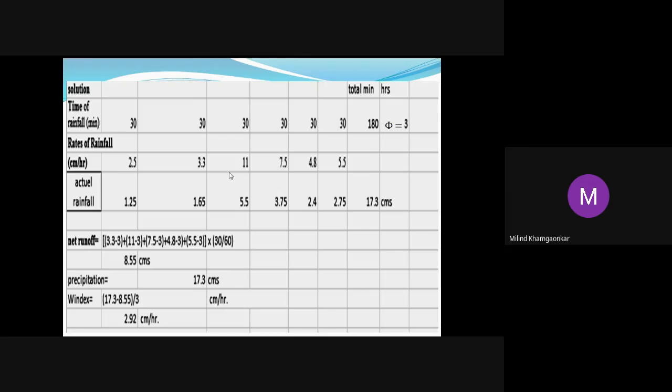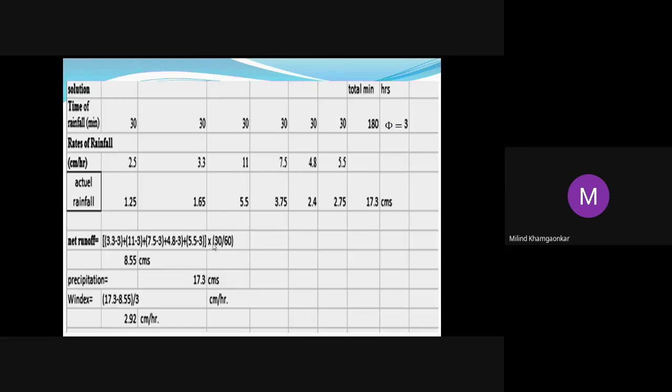Therefore, the rainfall per hour which is more than 3 centimeters per hour will constitute the runoff. So the first 2.5 will not create runoff, but 3.3, 11, 7.5, 4.8 and 5.5 centimeters per hour will help in creating the runoff. Therefore, 3.3 minus 3, plus 11 minus 3, plus 7.5 minus 3, plus 4.8 minus 3, plus 5.5 minus 3.